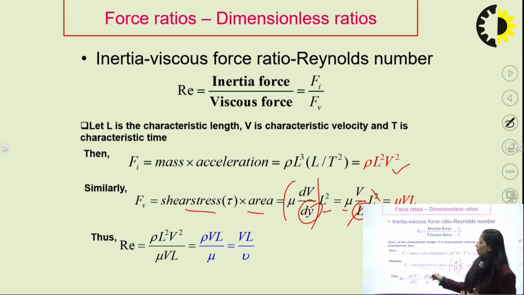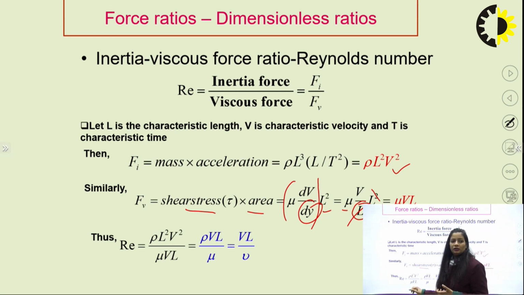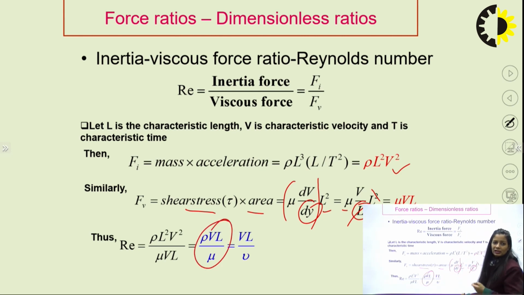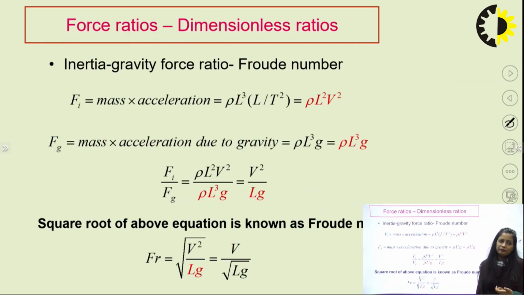That will be equal to your Fi by Fv. And here you can see rho L square V square by mu V L. So cancel out all the extra terms. What you will get is rho V L by mu, or because mu divided by rho is your kinematic viscosity, you can write it as V L by nu, where nu is the kinematic viscosity.